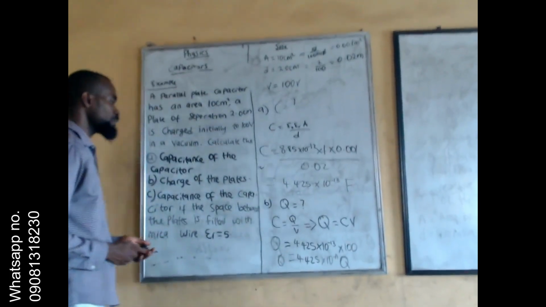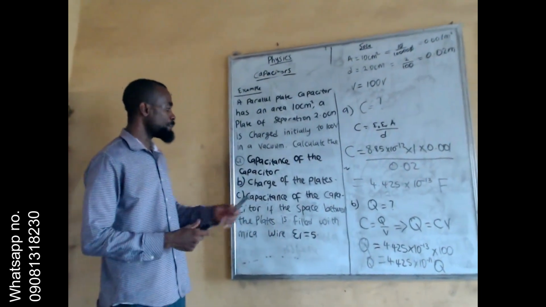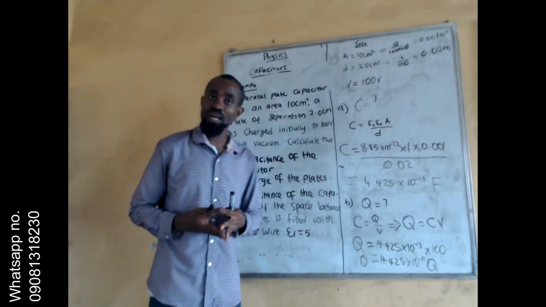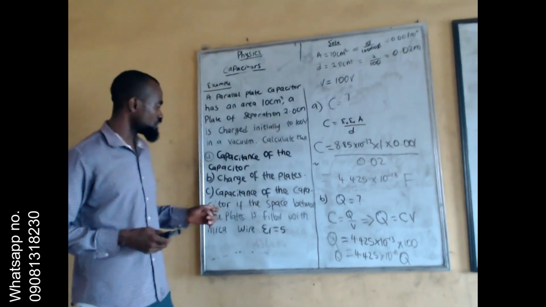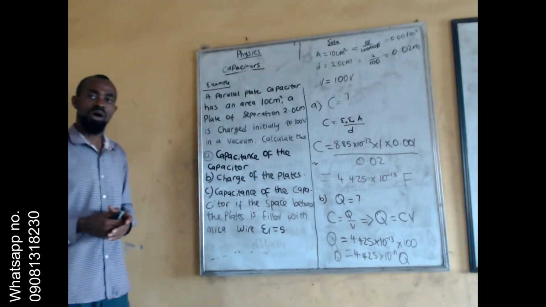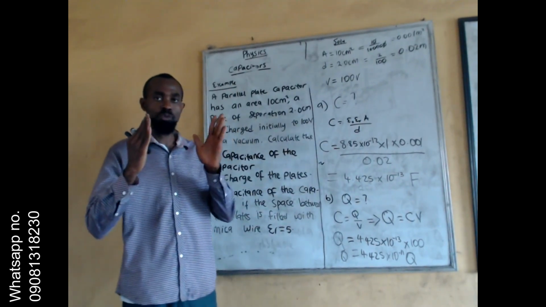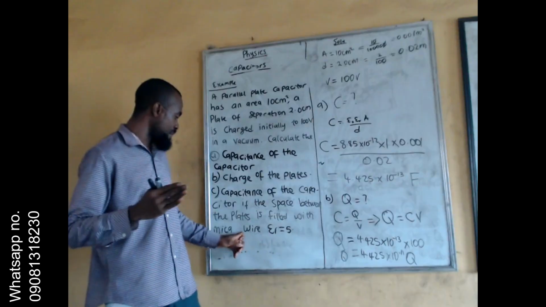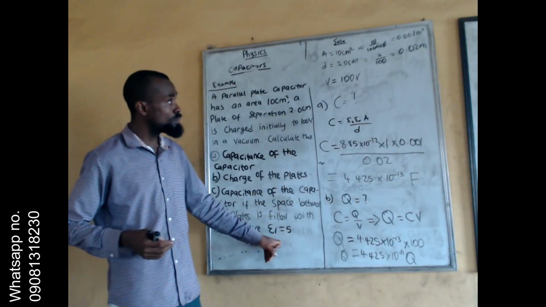Now we proceed to the third part of the question, the C part. We are still calculating the capacitance of the capacitor, but what has changed? The space between the two plates is now filled with a dielectric substance, mica, and the relative permittivity of mica is given as 5.